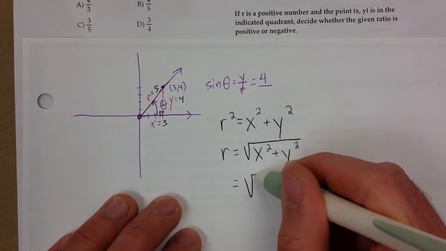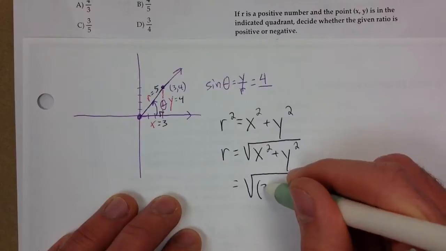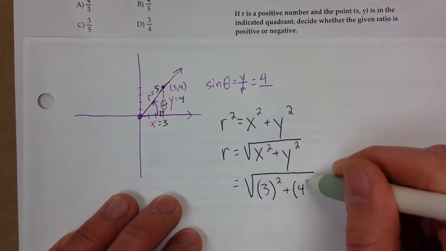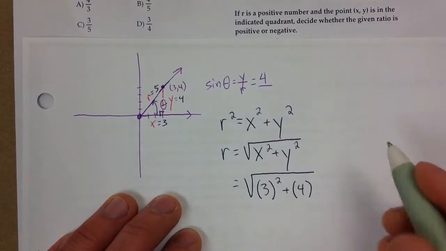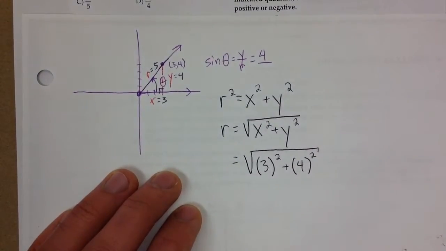Okay, so your x is your x-coordinate. It's 3. Your y is your y-coordinate. It's 4. I recommend subbing in with parentheses. Remember, r is always positive, so if you get a negative, or a negative underneath the square root, something's not right.